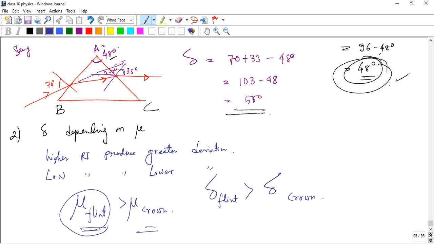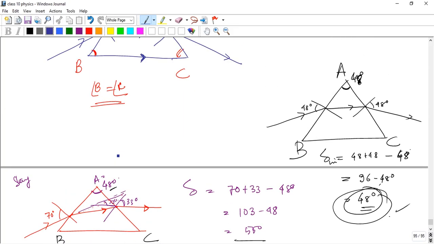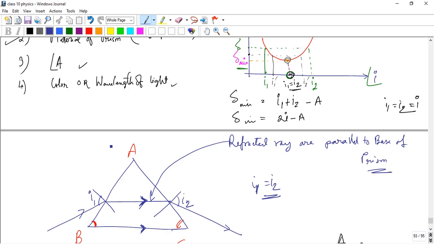Okay, clear. Next, the third factor is angle A, the angle of prism.